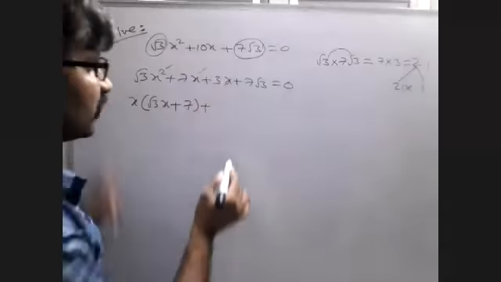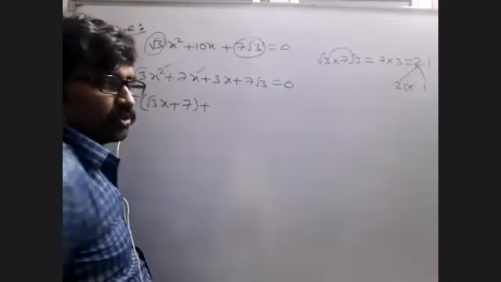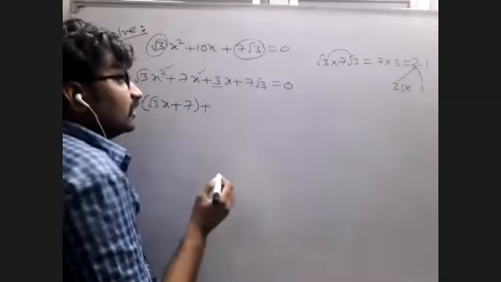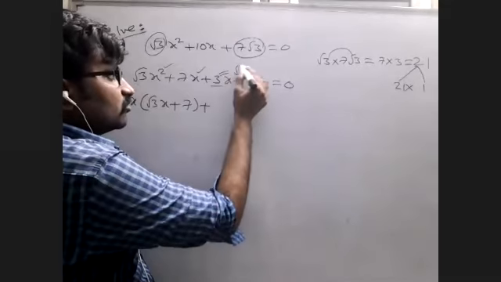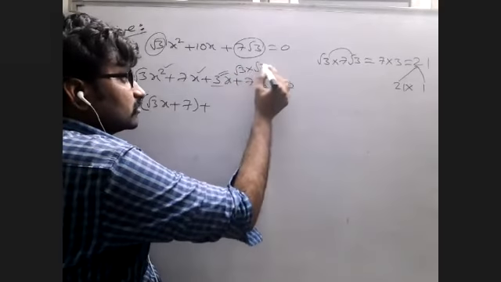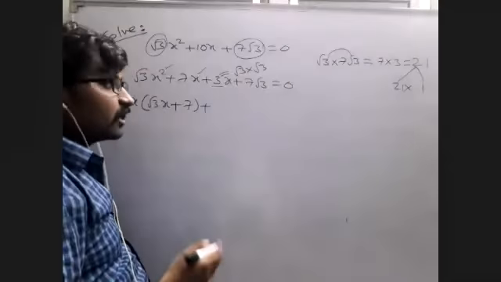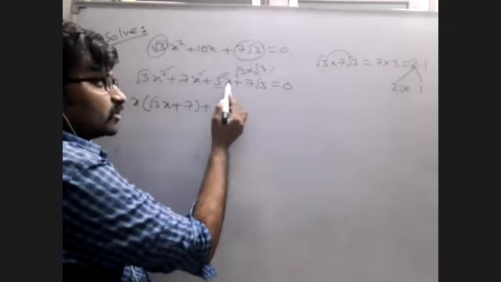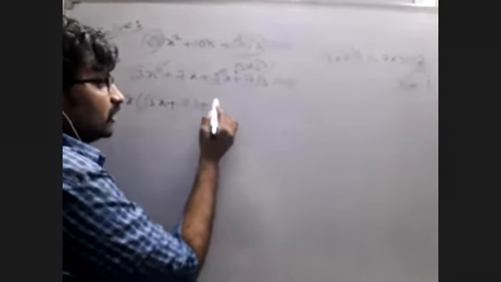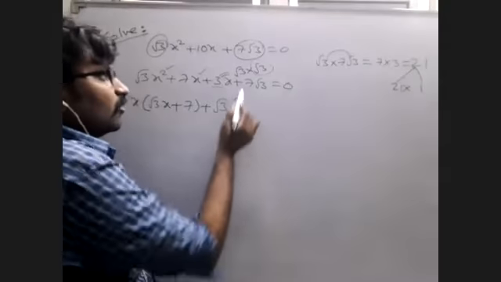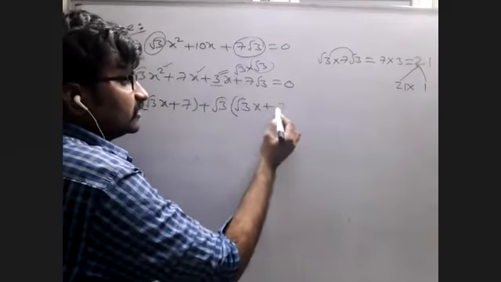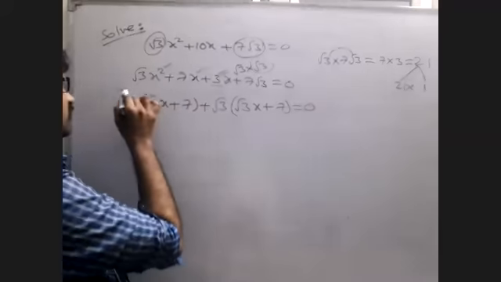Plus from these two we can take what common? X, there is no x. 7, there is no 7, but here we can take root 3 common. Why? Because this is 3, but 3 we can write root 3 into root 3. Now I am taking 1 root 3 common from this term and from this term. Taking root 3 common, more root 3 is there and x also there, plus 7 is there, is equal to 0. This is very important step.